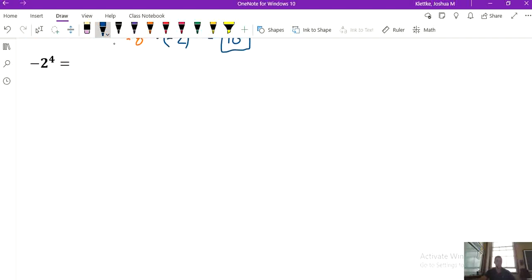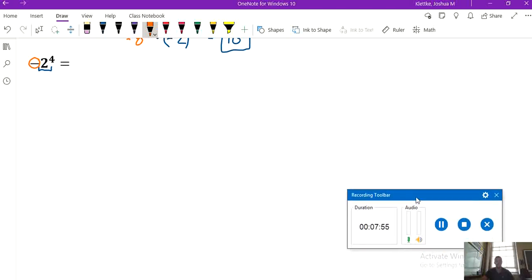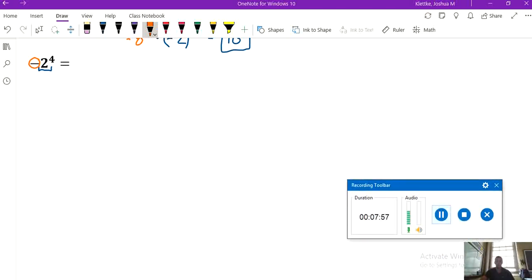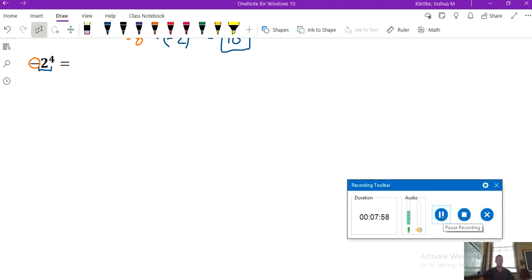Look at why this is important. Look at the difference here. Here we see how -2 is not in parentheses. We need to remember that the base is only what is directly in front of the exponent. This negative sign needs to be included later in the evaluation.